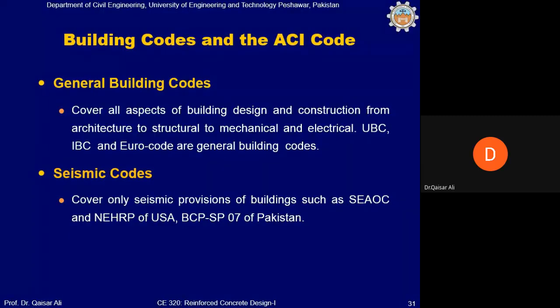It has been developed from the earlier version of the American building code, called UBC, the Uniform Building Code of 1997, which was modified a little bit and called the Building Code of Pakistan to suit our local conditions.